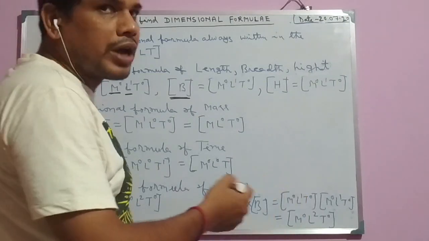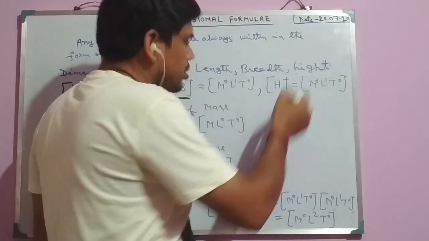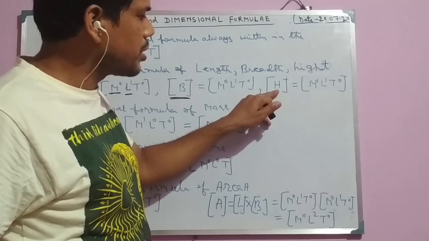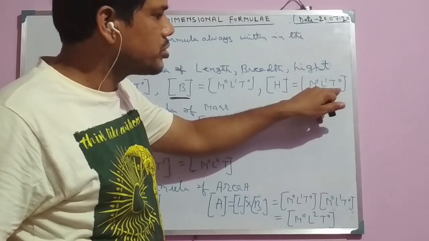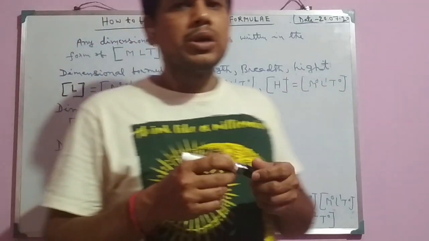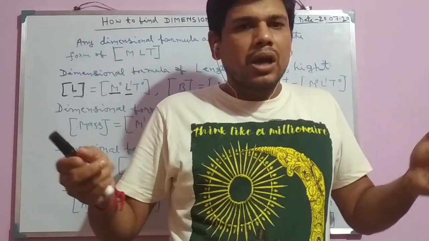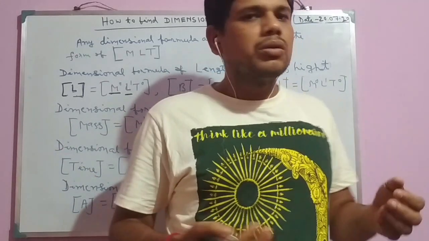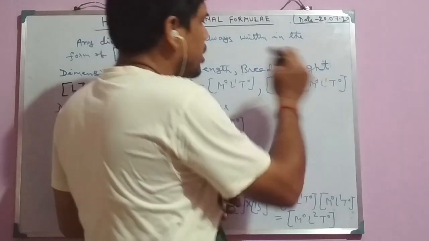Similarly, height is denoted by capital H. So dimensional formula of height is equal to M to the power 0, L to the power 1, T to the power 0. It means dimensional formula of height is also like dimensional formula of length, because height we can measure. It is basically one type of length. It is not related to mass and it is also not related to time.